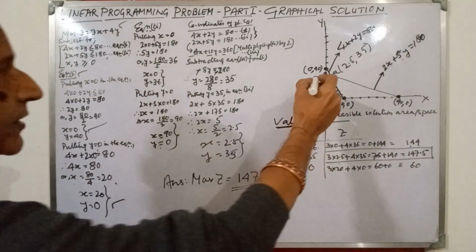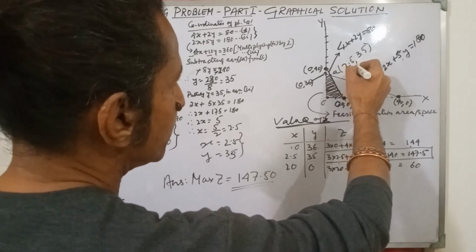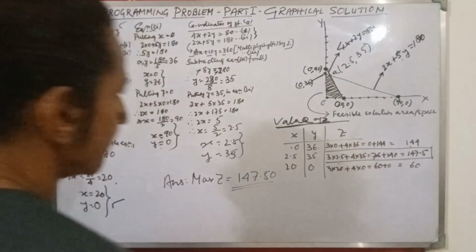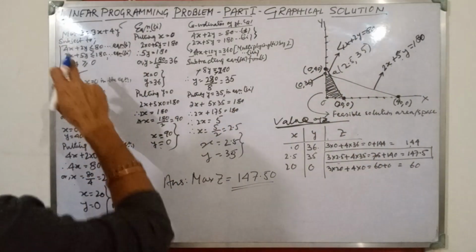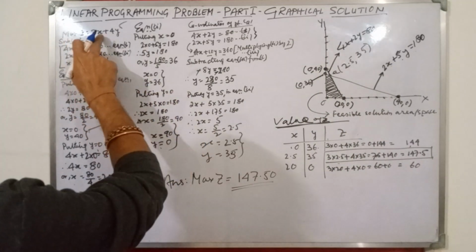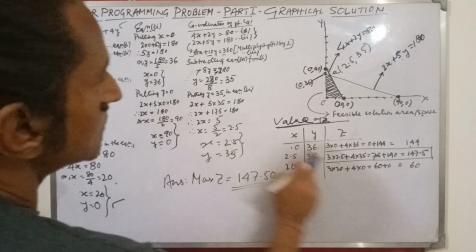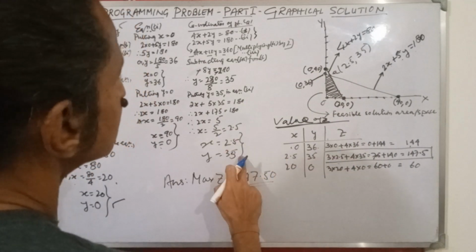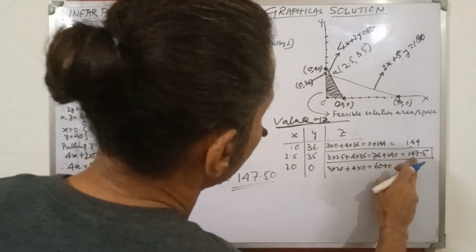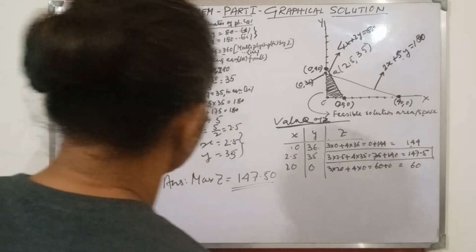Then we put the coordinate of A, that is 2.5 and 35, in the objective function. So 3 into 2.5 plus 4 into 35. This gives us 147.5.